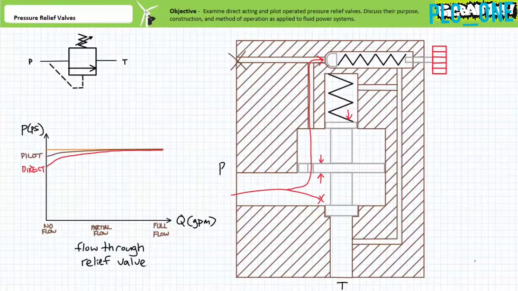A direct acting pressure relief valve might have a pressure override of 100 to 150 psi, whereas a pilot-operated pressure relief valve might have a pressure override of only 25 to 50 psi.